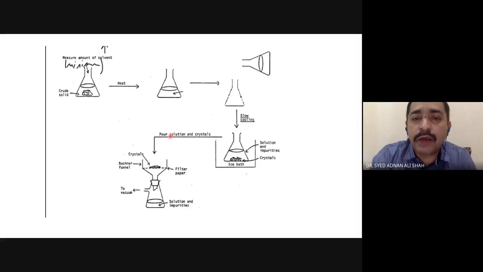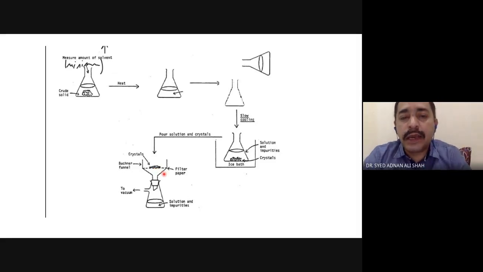After that you filter this solution with the aspirin crystals again with the help of the Buchner funnel. In the Buchner funnel you have the filter paper, and on it are the crystals. That's how the recrystallization of aspirin occurs.